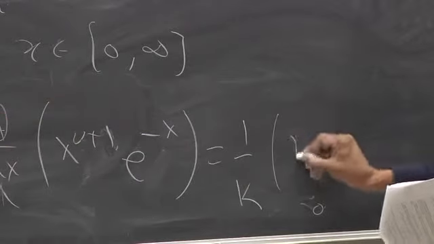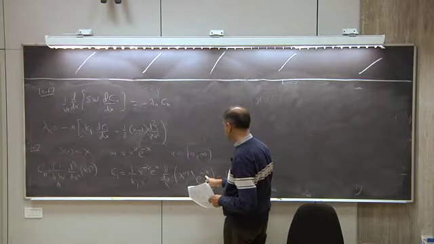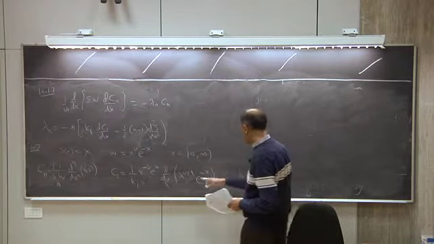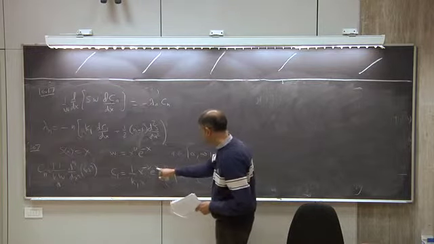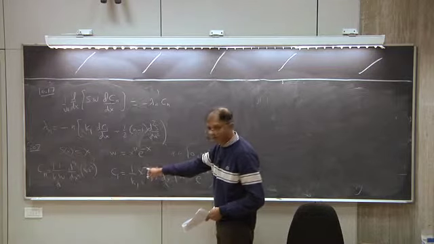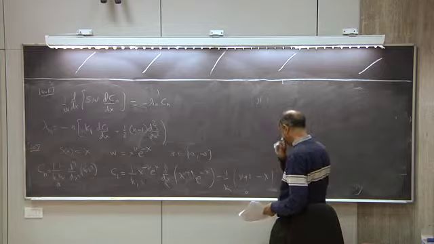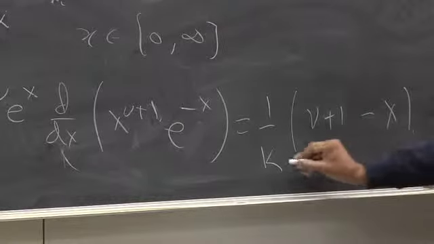So there's one term which is simply nu plus 1. In the other term the d by dx hits the exponential, so you just get minus. The e to the minus x will cancel, but here you have x to the nu plus 1, so it will cancel the x to the nu, but there is still one x left over.